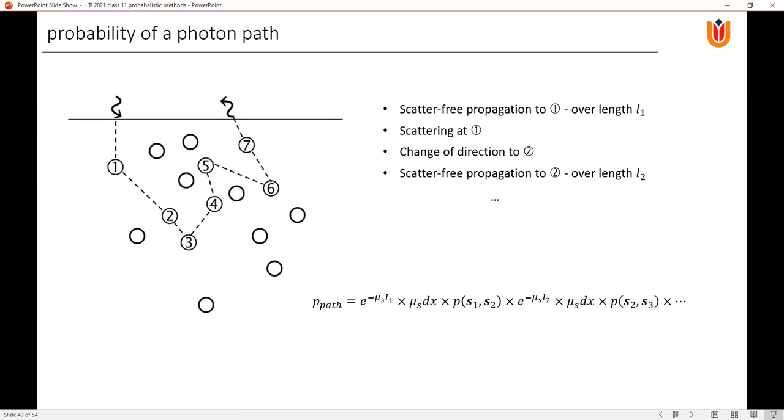Then the probability of scattering at S2 is again μs times dx. We assume that the scattering probability is the same in each location. So that would be the same. Then the change of direction, again the phase function, etc., etc. So doable.